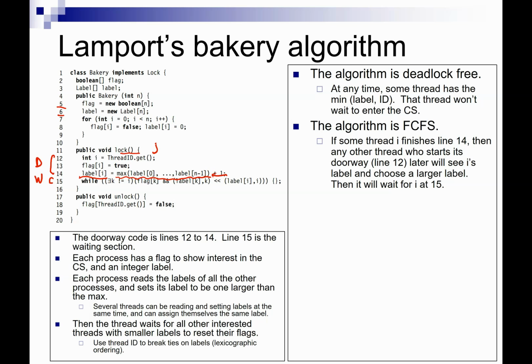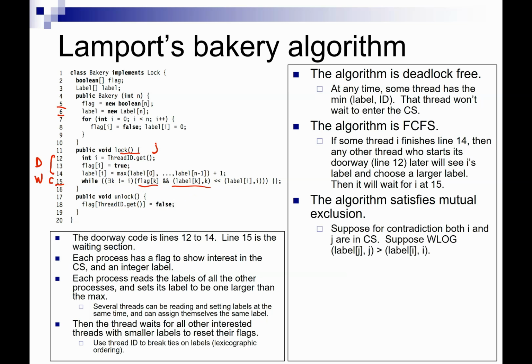So J's label is always going to be larger than I's label. Therefore J cannot get into the critical section before I, because when J does line 15, he's going to see that I's label is less than his, because I has already raised its flag and has a smaller label. So J cannot supersede I.